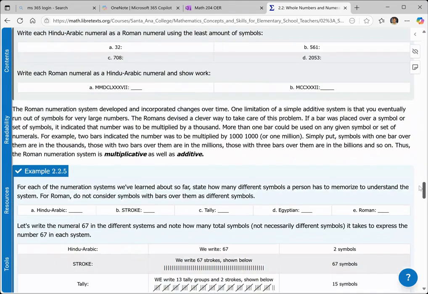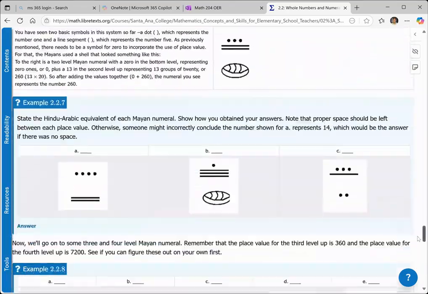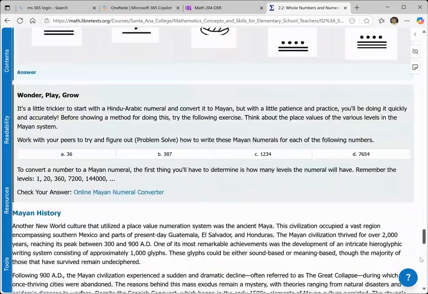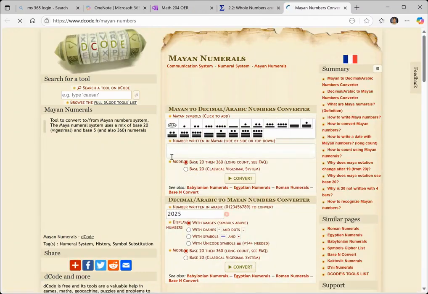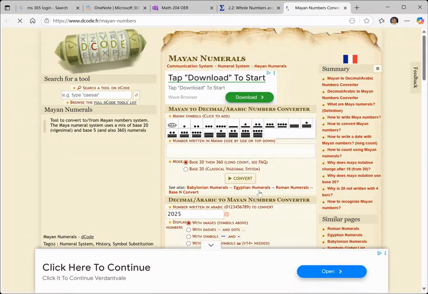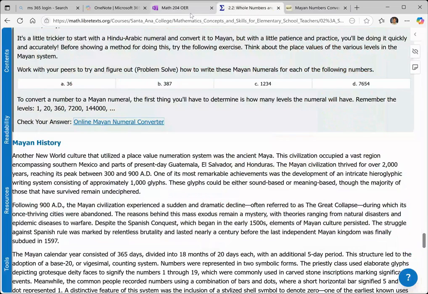I should mention that somewhere here as we get down over here. There's a link to the online Mayan numeral calculator. So you can go ahead and convert, and I'll let you play with that. The ads pop up. I apologize. You have to click out of that ad, but that's where you would do it there.